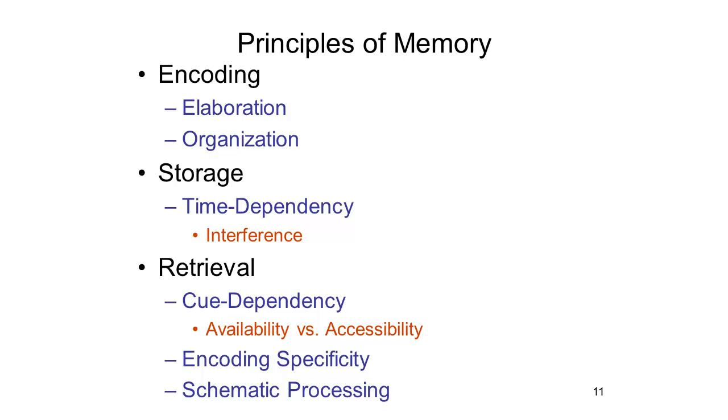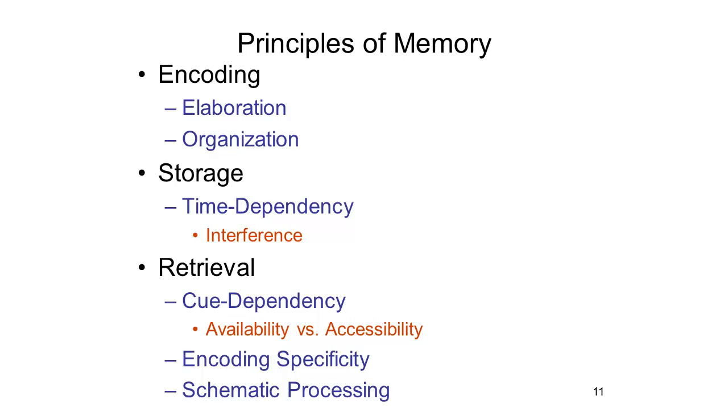And then we have a principle of schematic processing by which schema incongruent behaviors get a memory advantage by virtue of extra elaboration, and schema congruent behaviors get an extra memory advantage by virtue of cue dependency, because the schema provides extra retrieval cues.